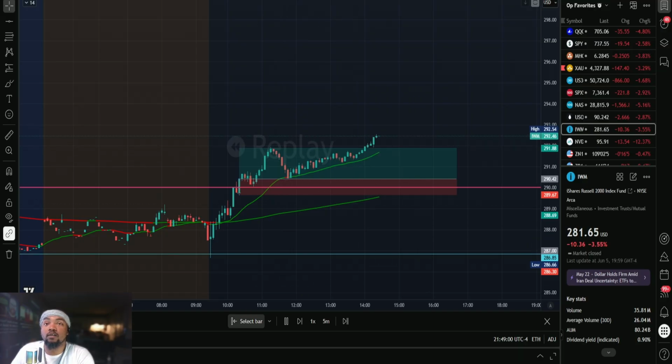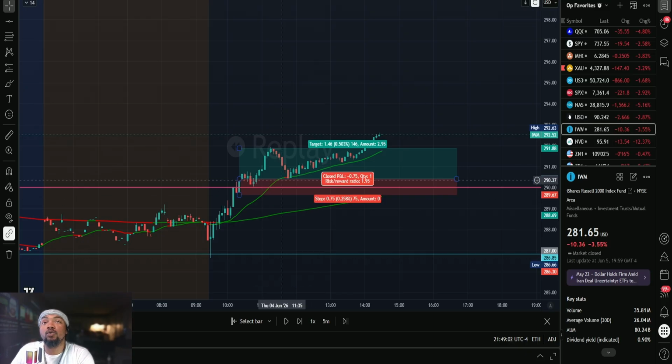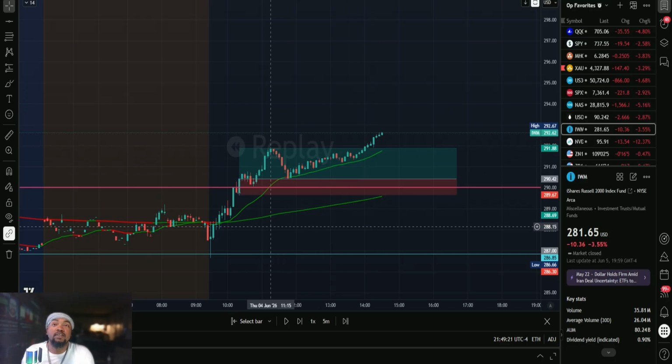You could have, matter of fact, let's pause this for a second. When it bounced back, you could have taken profit here. Once it bounced back, retested, and we got this candle saying, hey, we're gonna bounce here, we could have got back in with a stronger position and held it and went right back up for that 50%. So that's what I'm saying, that box strategy.